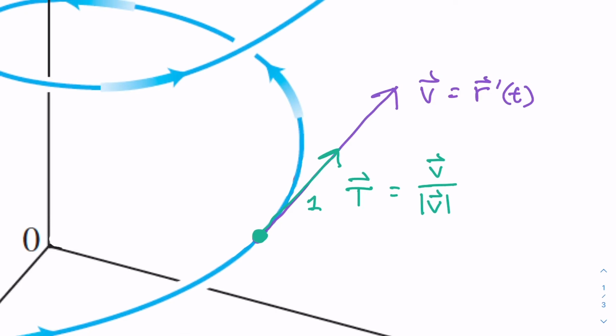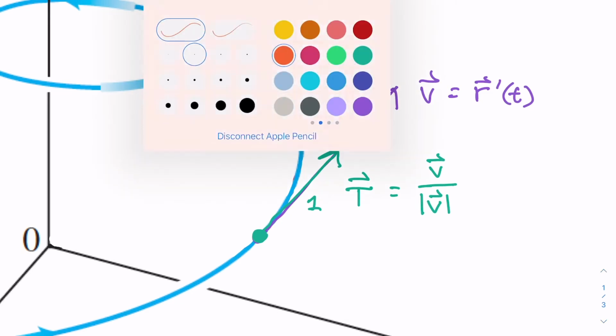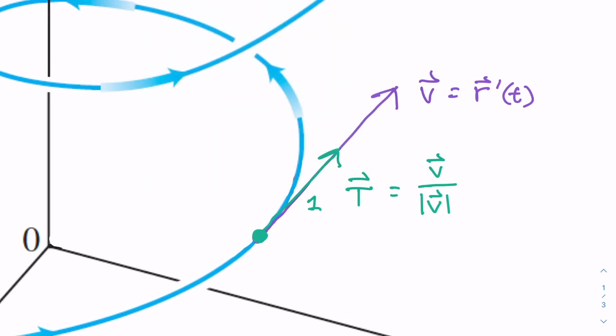The unit normal vector, you can guess by its name, is a vector that is going to be normal to the unit tangent vector, so it's at a right angle, and the unit normal vector points in the direction that the curve is turning. So in this case, the curve is turning this way, to the left.